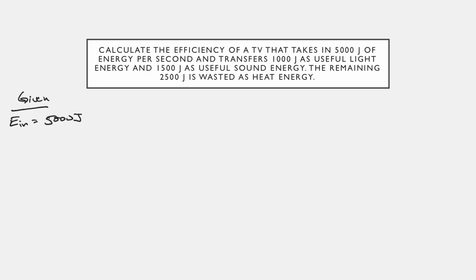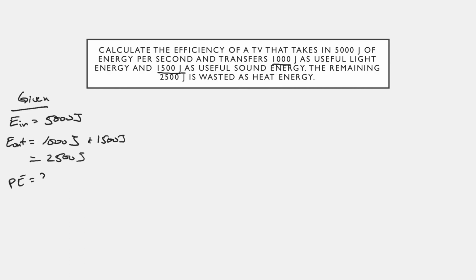So both the 1,000 and the 1,500 are useful here because a television is two things, right? It produces a light image in front of you and produces sound for you to hear. So the energy output in this case is going to be 1,000 joules for the light plus 1,500 joules for the sound for a total output of 2,500 joules.